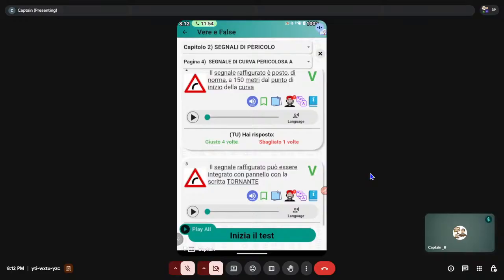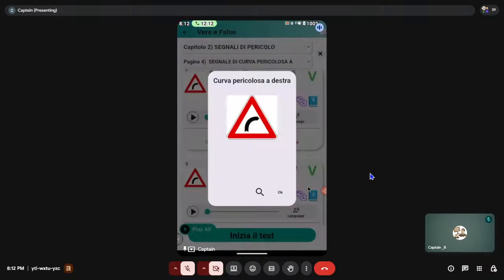Con pannello con la scritta means with a board, with a written word, tornante. So you see this sign, and there can be a board under it, and they will write tornante on it. They can write tornante 2, tornante 3, tornante 4. You understand?